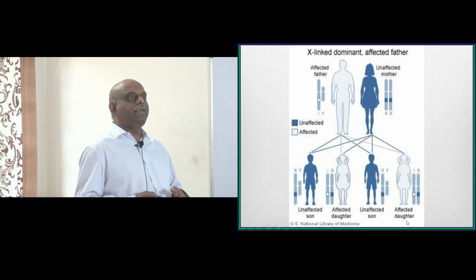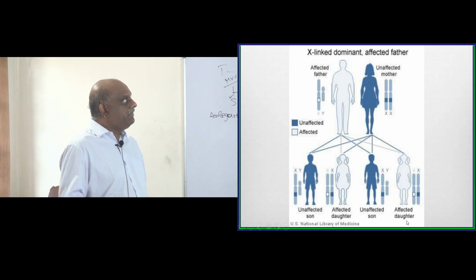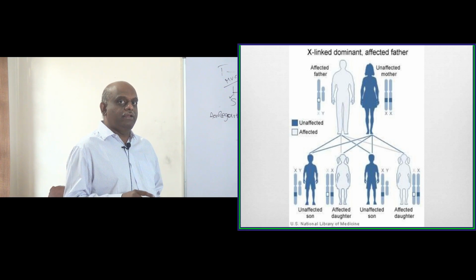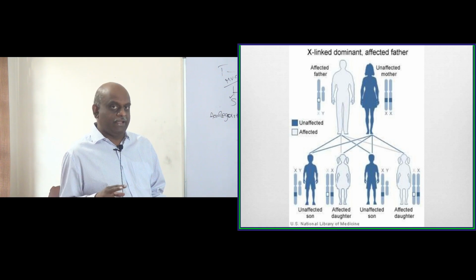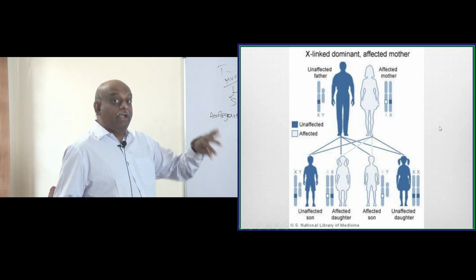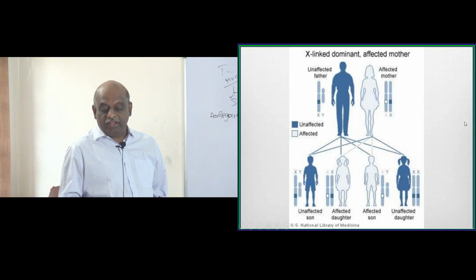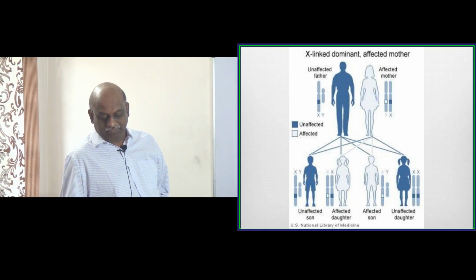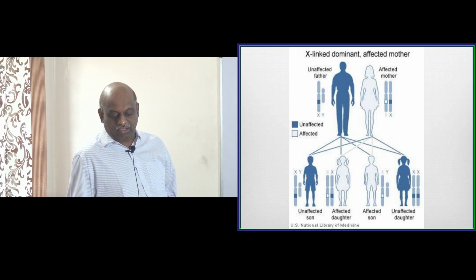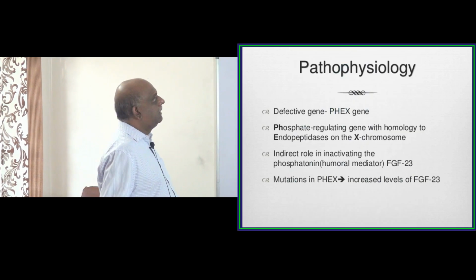This is the important tricky question tomorrow on X-linked dominant inheritance: what happens with the affected father, unaffected mother combination and what happens with the unaffected father, affected mother combination. That is what the examiner is going to ask.